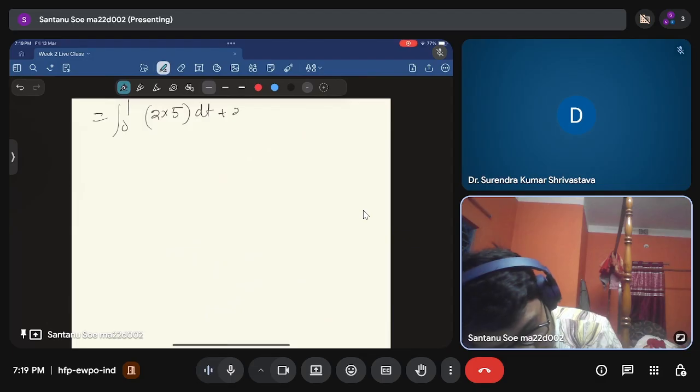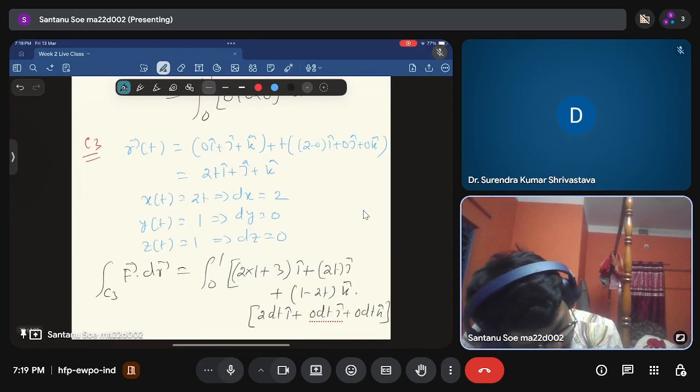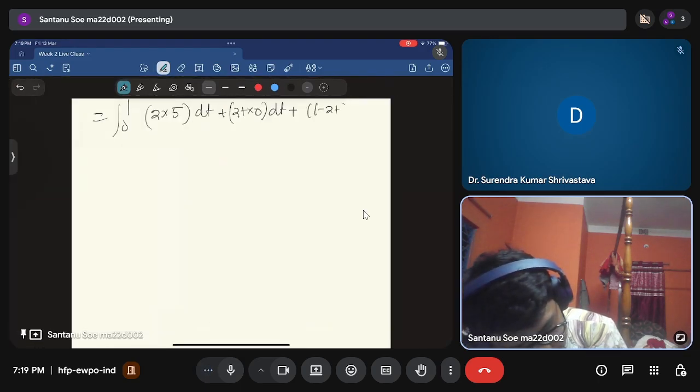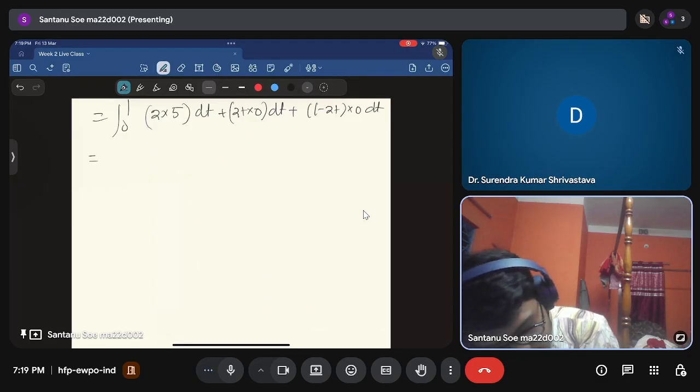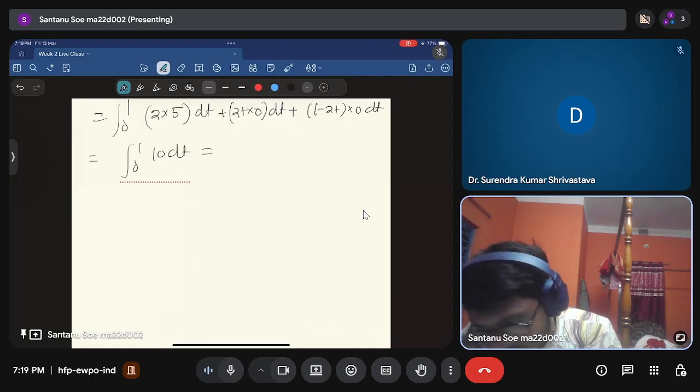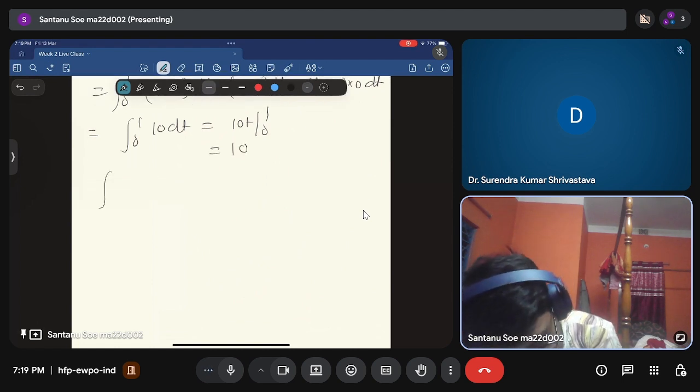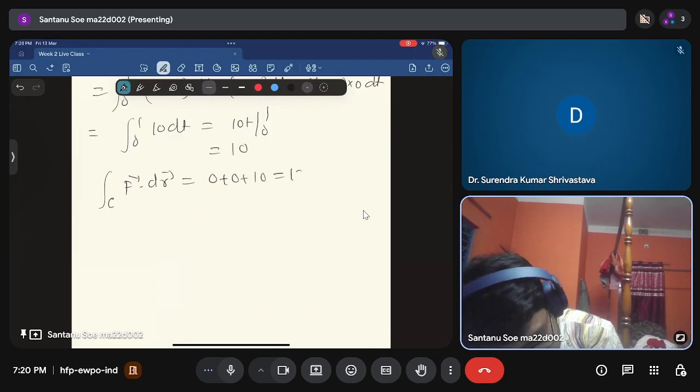So this is just the integral from 0 to 1 of 10 dt, which is 10t from 0 to 1, so this is 10. So the integral over C of f dot dr is 0 plus 0 plus 10, which is 10. So this should be the answer of this question.